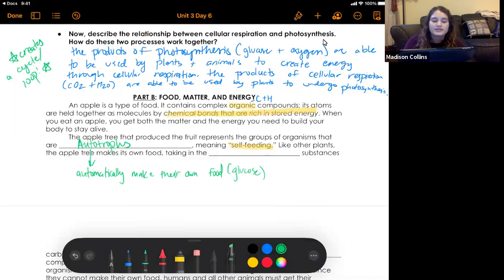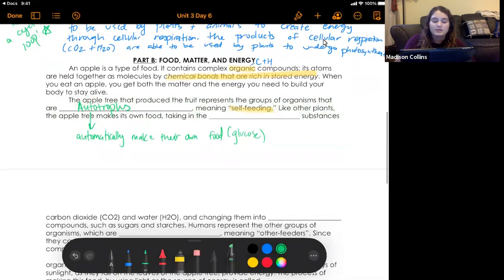Like other plants, the apple tree makes its own food, taking in the blank substances, carbon dioxide and water. So you might notice that neither of those compounds contain carbon and hydrogen. That means that those are inorganic substances, meaning that they do not contain carbon and hydrogen.